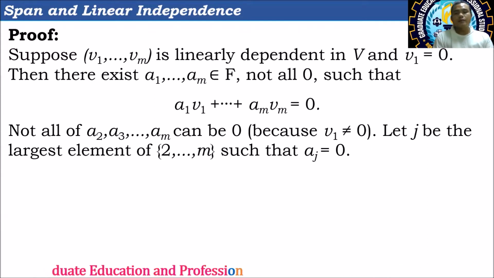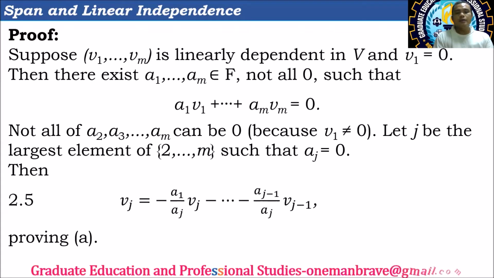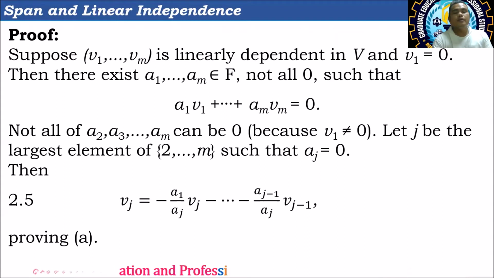Let j be the largest element of 2 until m such that aj is not equal to 0. Therefore, vj is equal to negative a1 over aj v1 minus until a_{j-1} over aj times v_{j-1}.